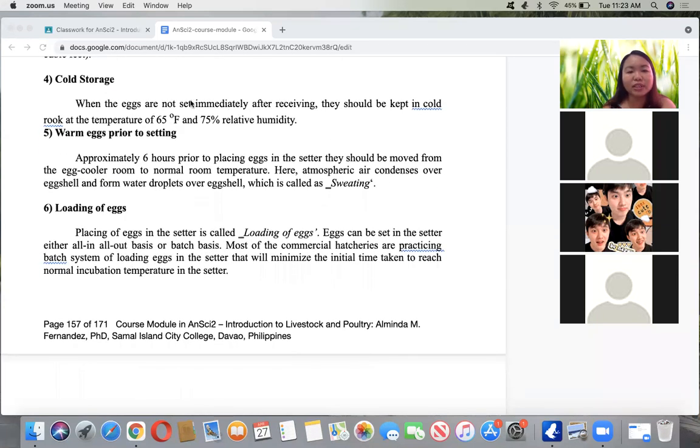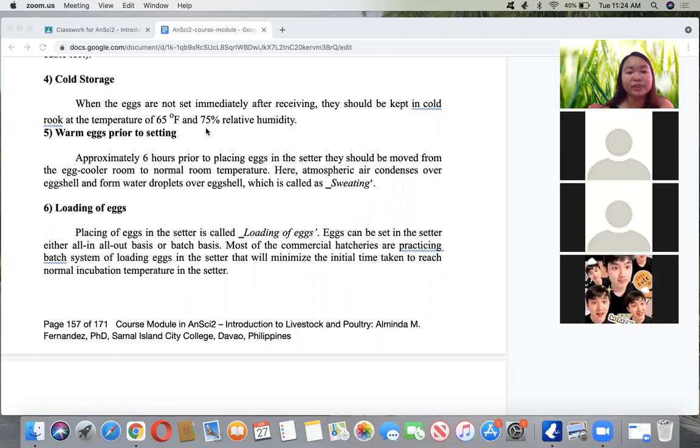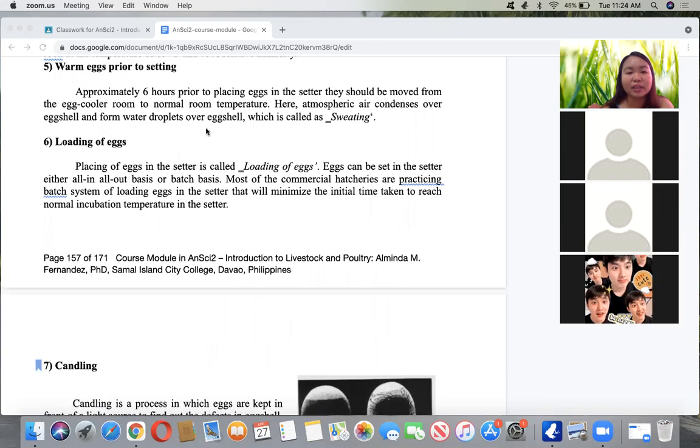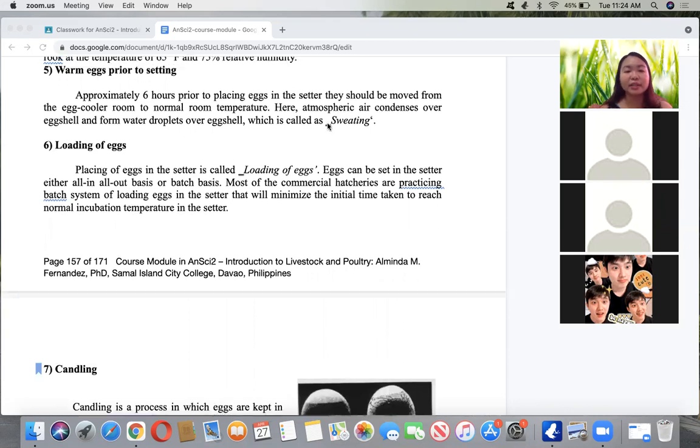So cold storage: when eggs are not set immediately after receiving, kapag walang schedule or hindi pa available, kailangan i-refrigerate mo muna at 65%. Warm the eggs prior to setting, approximately 6 hours prior to placing the eggs in the setter. They should be moved from the egg cooler to normal room temperature.